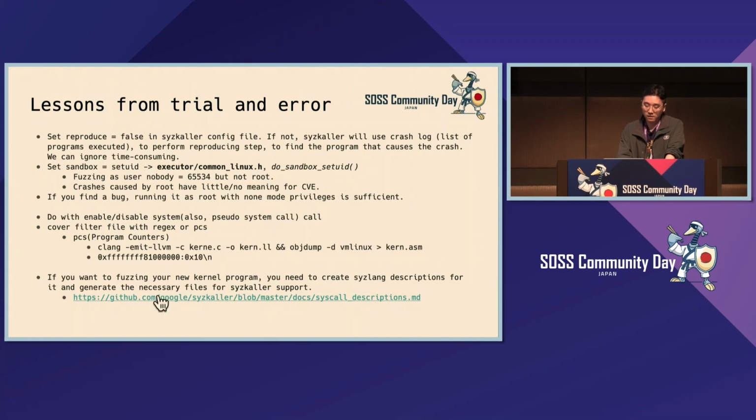PCs fetch file, raw PC table file's name, each line of the file should be in this format. We can have Syzkaller do more fuzzing of other kernel programs or brand new kernel modules.